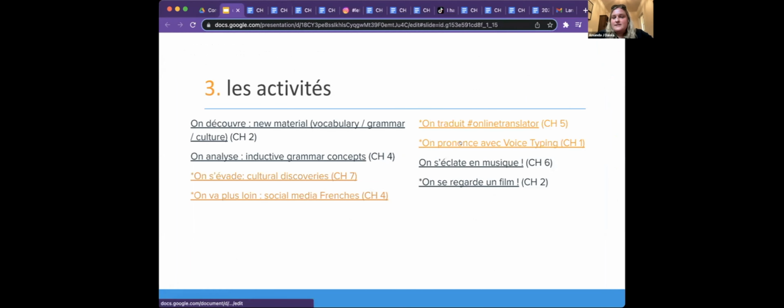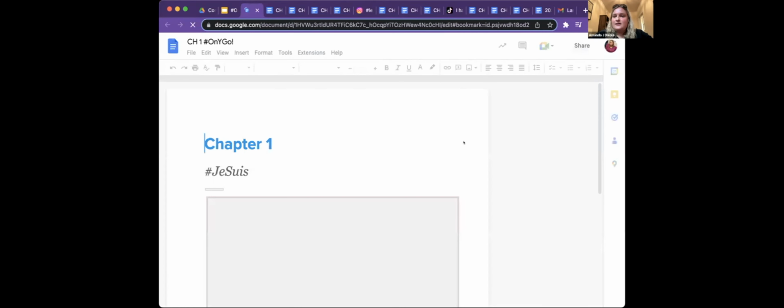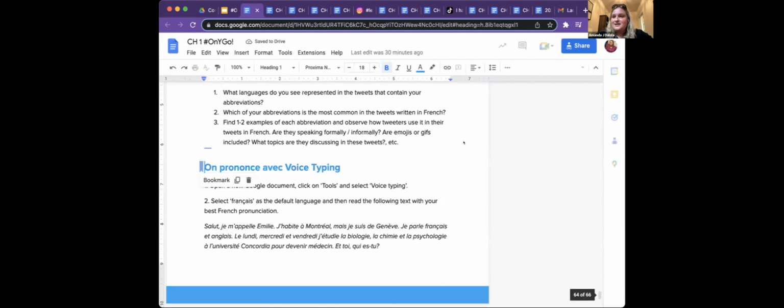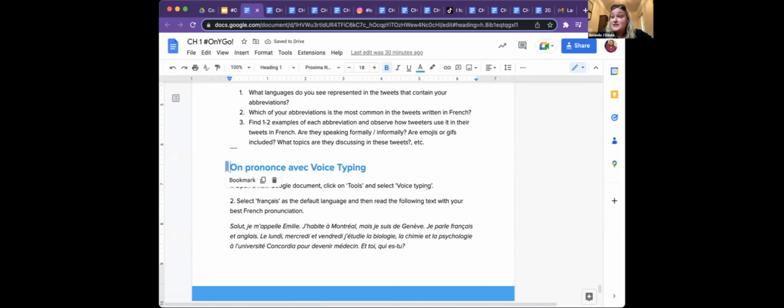The last one I'll take you through is called En prononce avec voice typing. So this actually utilizes the speech-to-text function that you have on Google Docs or in Google Translate. This is where you speak and it listens to your voice and then puts it into written language.